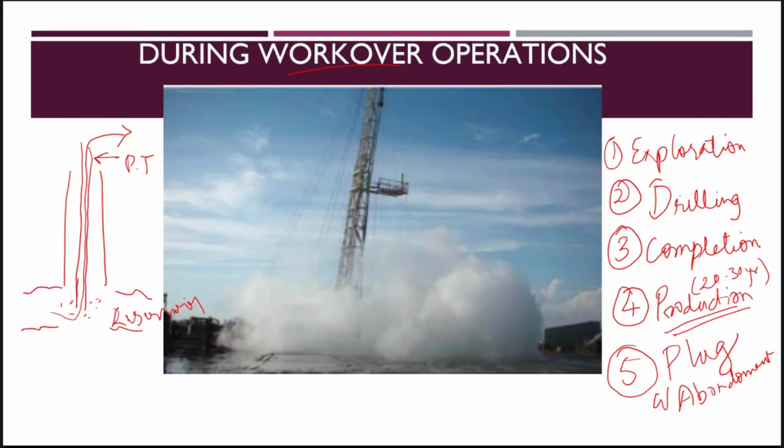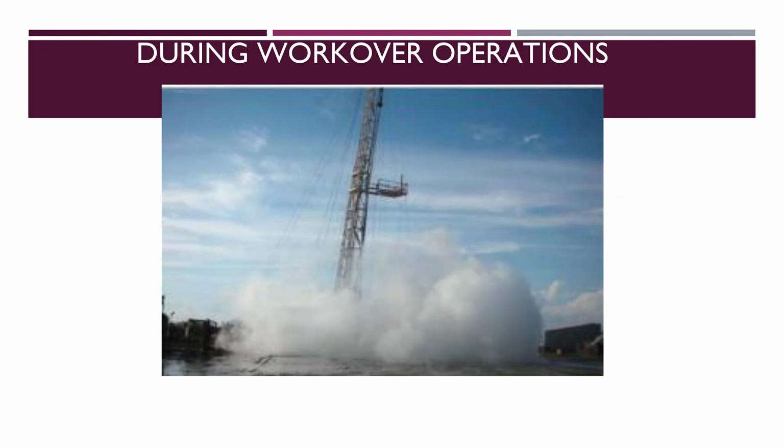If some problem occurs, some valve needs to be changed, or there is some corrosion or erosion somewhere in the equipment, then with a workover operation you can change it or manage it. And once everything is done and you feel nothing more can be taken out from the reservoir, then you plug the well and you abandon it.